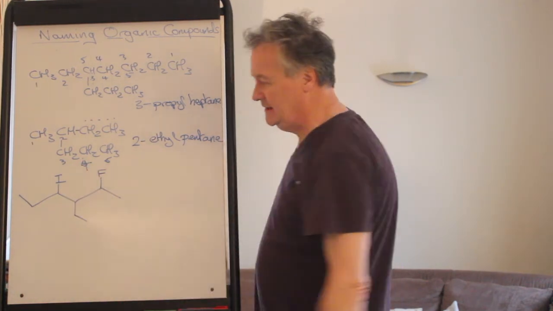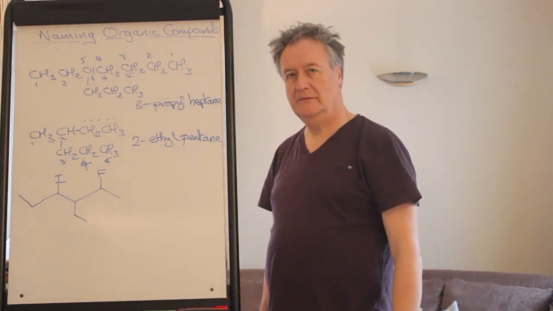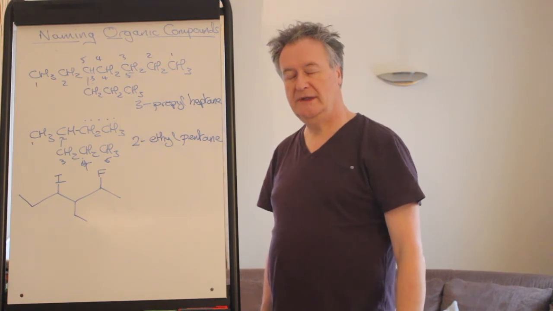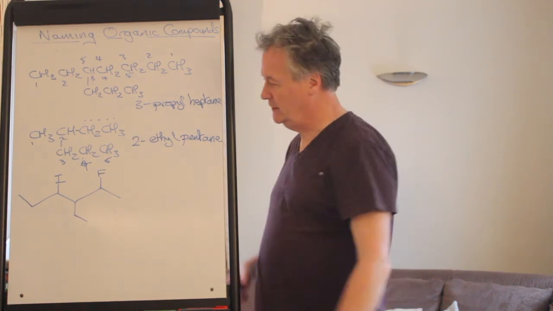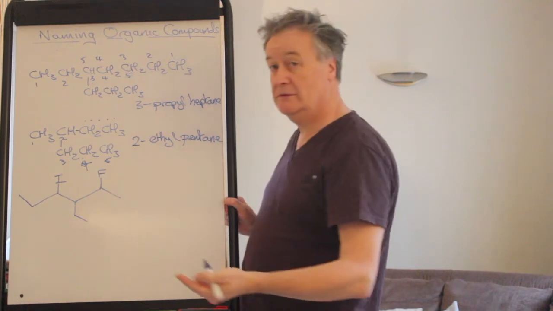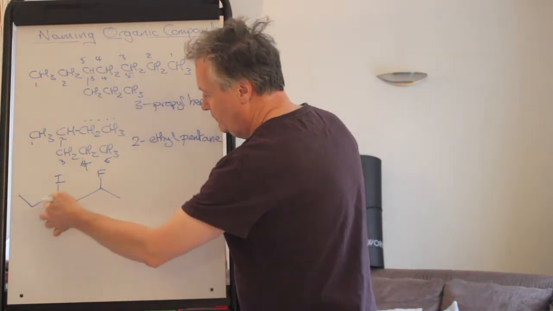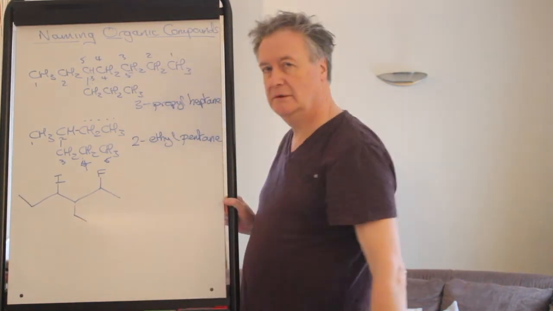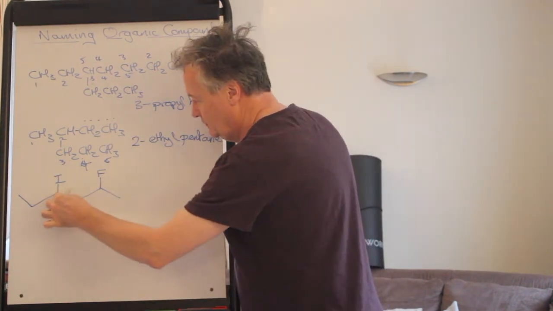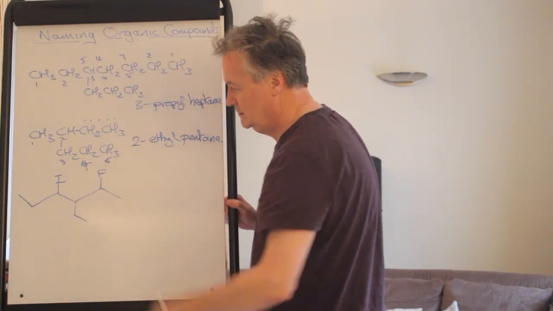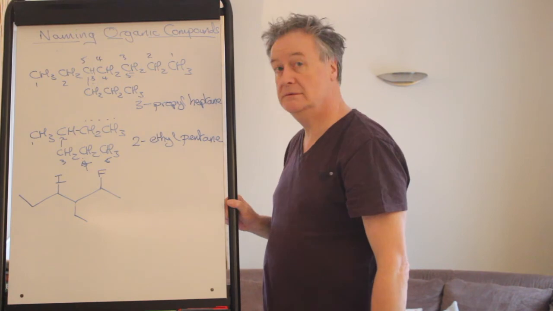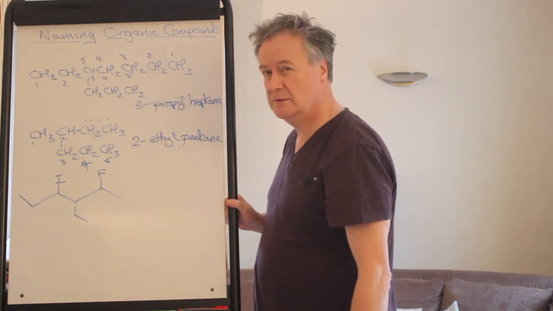Then we come to this skeletal structure. 3 things to consider, as you will see. So first of all, longest chain, 1, 2, 3, 4, 5, 6 versus 1, 2, 3, 4, 5, 6. So which 6 is it?